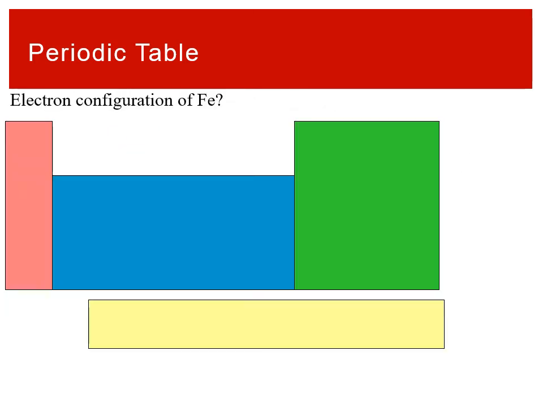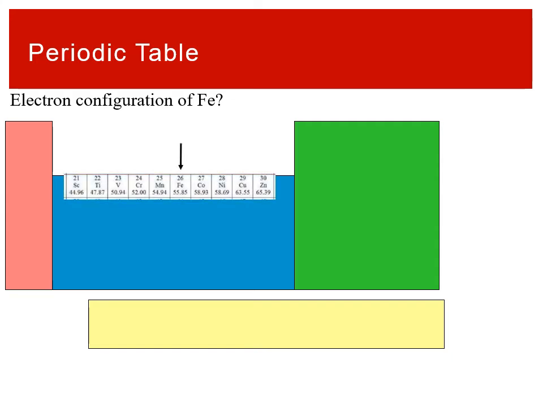We can also use it to figure out, say, I want to know the electron configuration of iron. Well, doing Aufbau, we would start with 1s2, 2s2, and we can go through that process, but we can also start at the other end. Based on where iron is in the periodic table, we can predict what the highest energy subshell is.